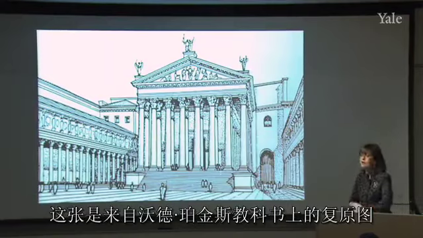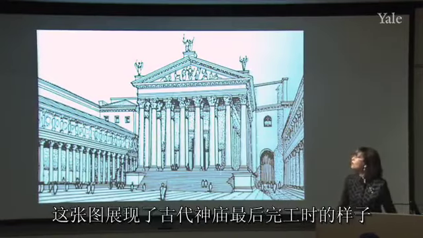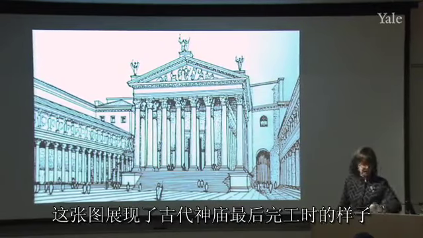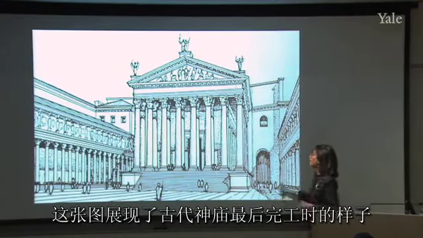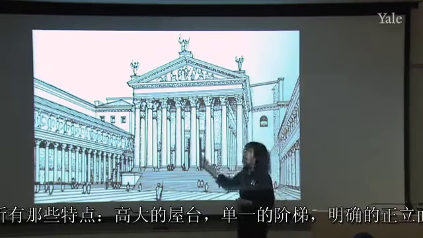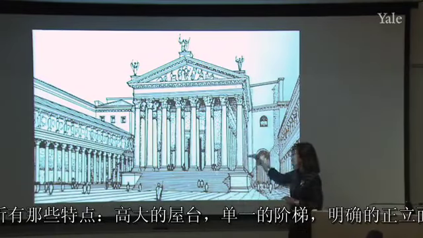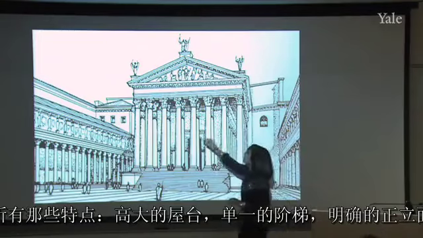This is a restored view in the Ward Perkins textbook, which shows you what the temple would have looked like in antiquity when it was in its final form, and you can see everything we've described, the tall podium, single staircase, facade orientation.